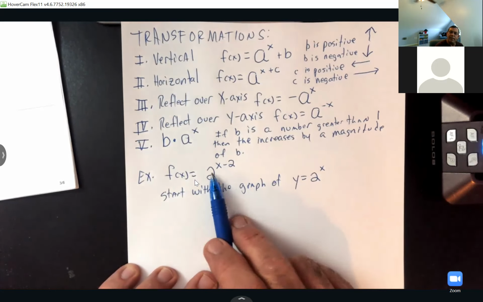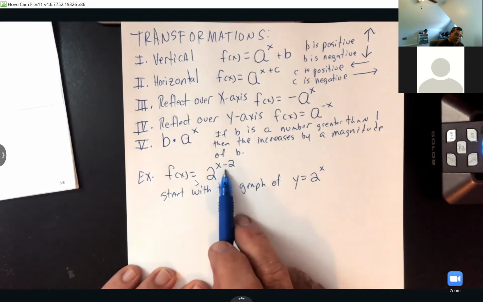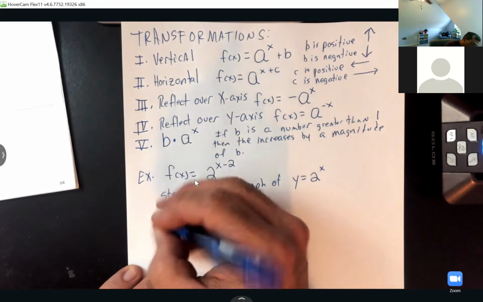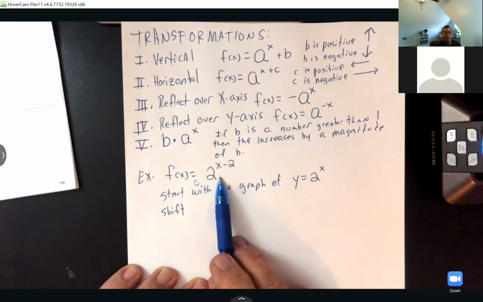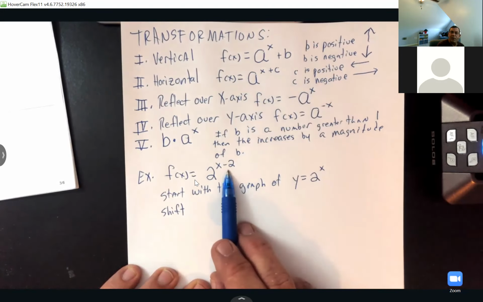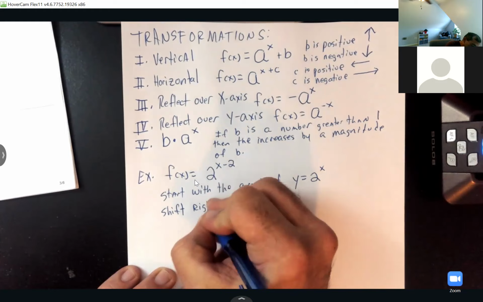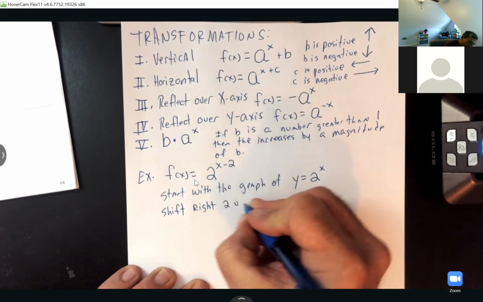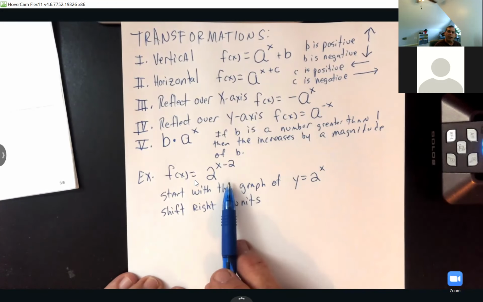So whatever your base is, that's the base you start your function with. Then you tell me what this is doing to it. So I'm going to shift. Up here we said that's in this form. If that c is negative, which my 2 is negative, it's going to move me to the right. So shift right 2 units. And y'all, that's the only move I got on here.